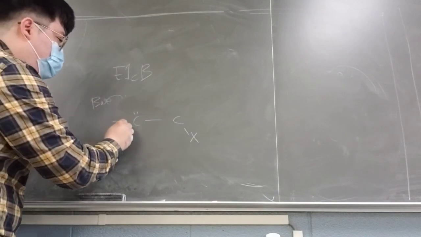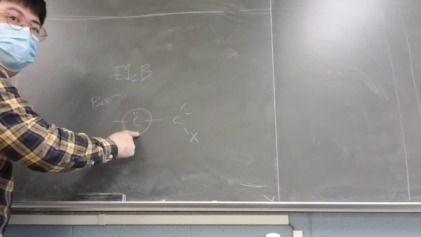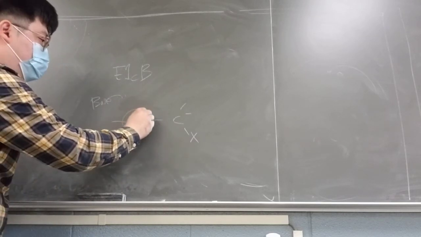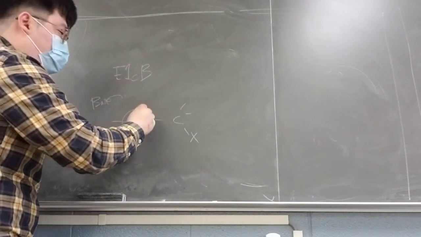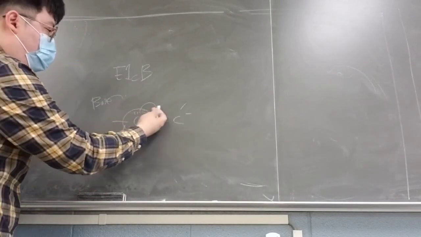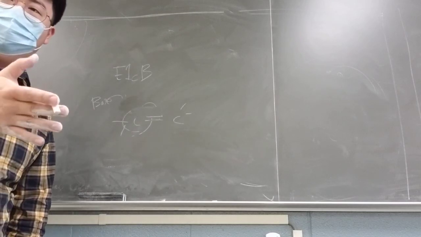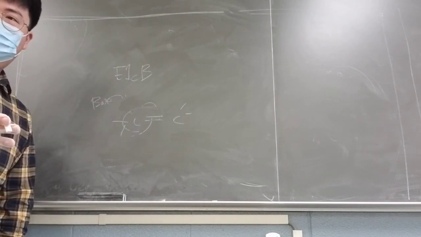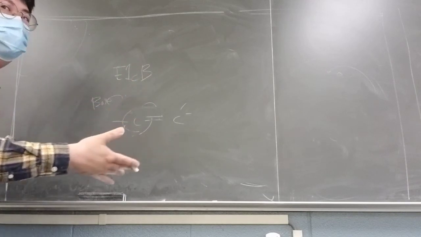So this will actually form a carbanion, a carbon anion. It has a negative charge. And then later it goes to there, and the leaving group leaves. So unlike E1, which forms what? A carbocation, right? In E1cB, it actually forms a carbanion.